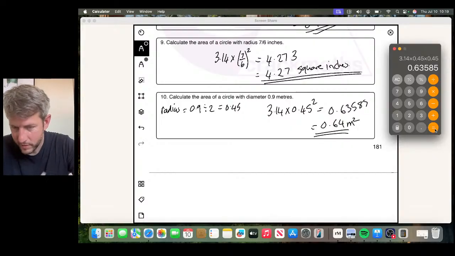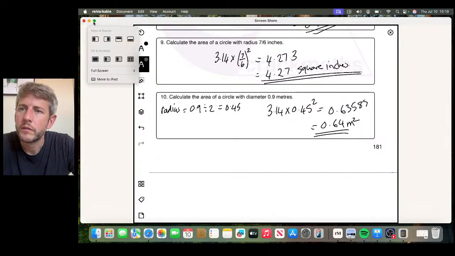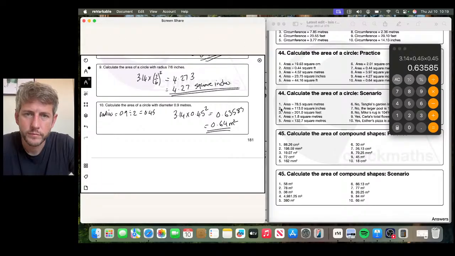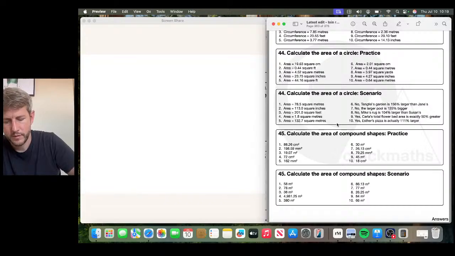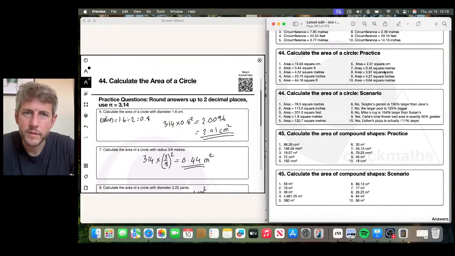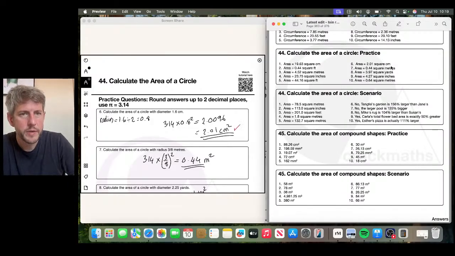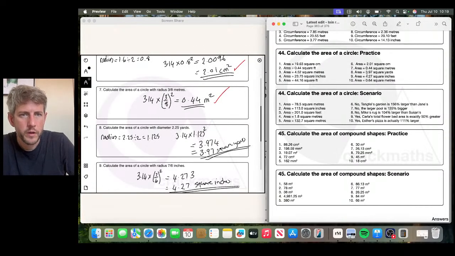Right, okay, let's get these ones marked. Here we go. 6 to 10. Okay, so here we go, first one. Square metres, yep, 0.44 square metres. 3.97 square yards.